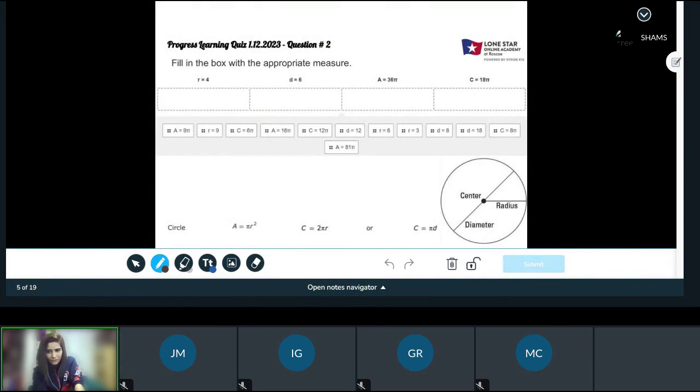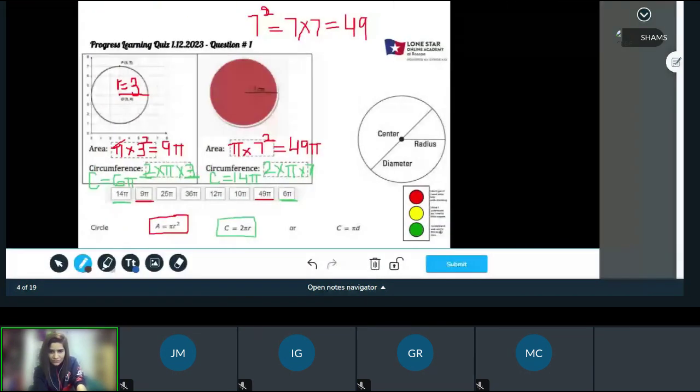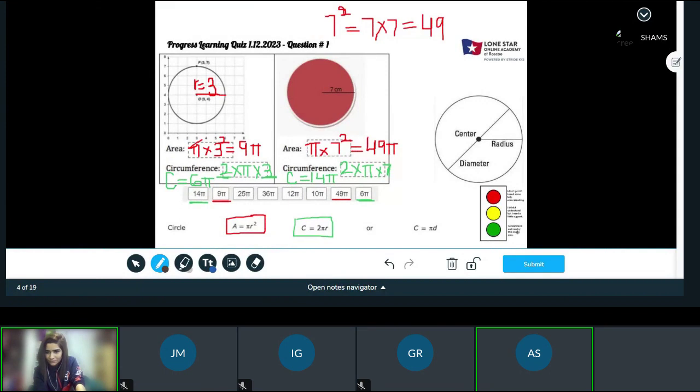Ava, can you hop on the mic so you can talk about it? Which one you didn't have? 2 for 14 pi? See, 2 times pi times 7 gives you 14 pi, right? No, what I mean is on the progress learning, since all the questions are on one page, for the first one, the area was 25 pi and the circumference was 14 pi.